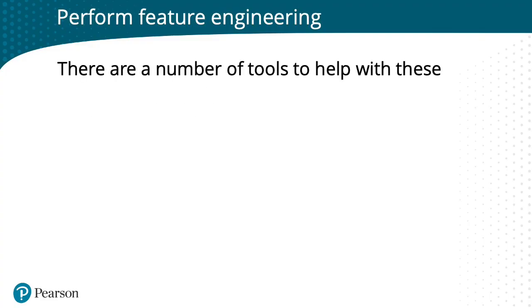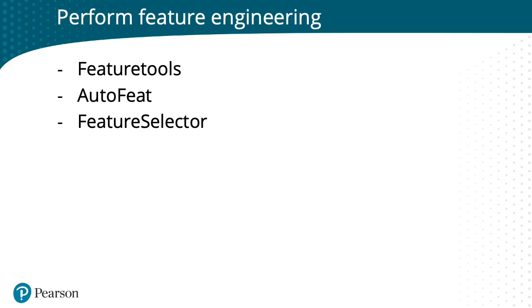And of course, since we're talking about this from an MLOps point of view, there are a number of tools to help with this process and add some automation and speed it up a little bit. So first you have Featuretools, then there's AutoFeat, and then there's Feature-engine selector. These are some open source tools.